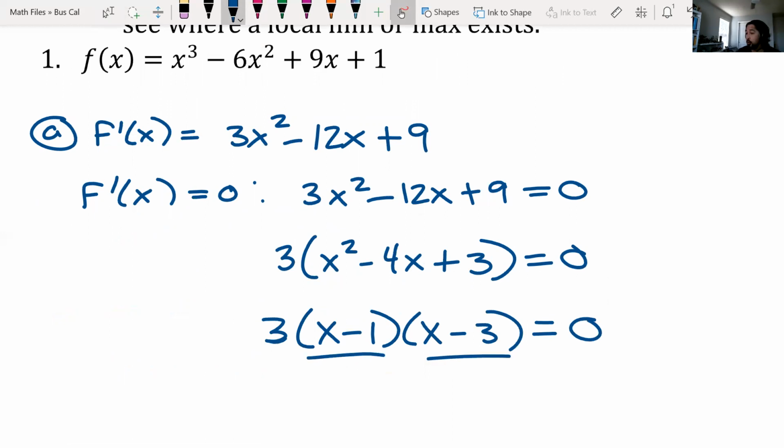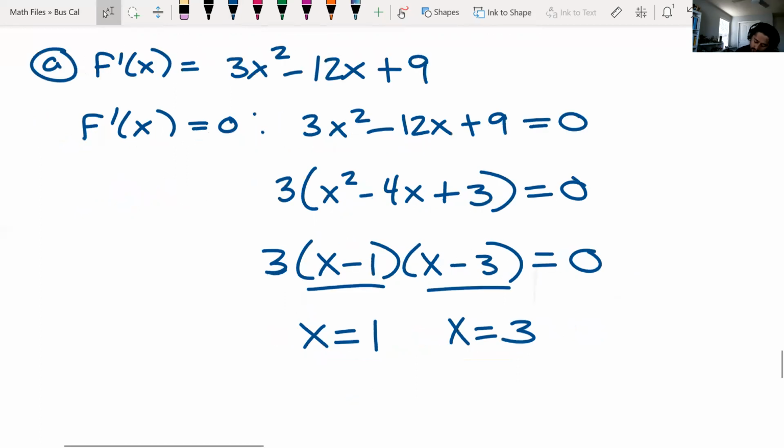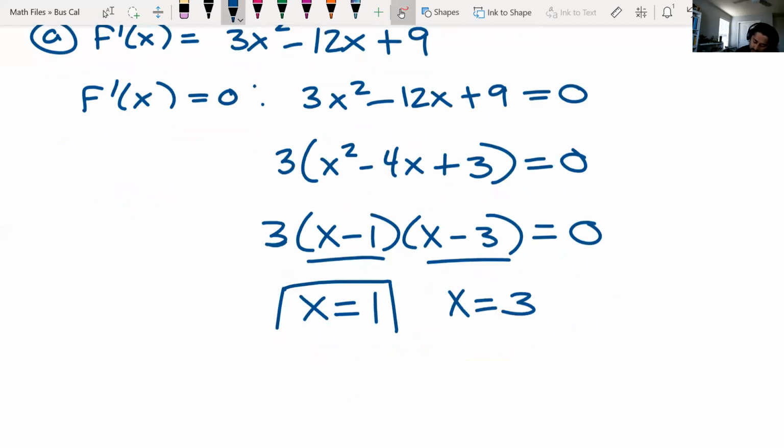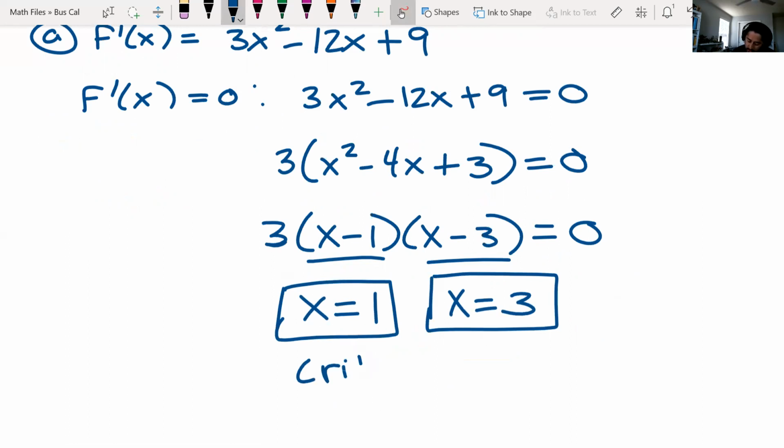Set these two terms equal to 0. Do not worry about the 3 in front. And we'll get that our critical numbers are x equals 1 and x equals 3. So now from here, we would normally go ahead and make a sign chart, but for this one, we are going to do the second derivative test.